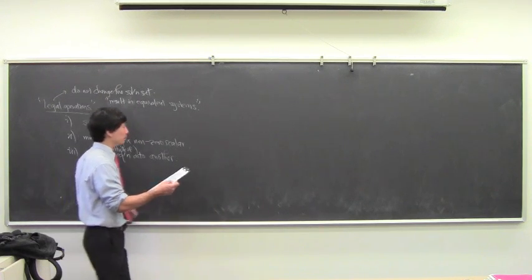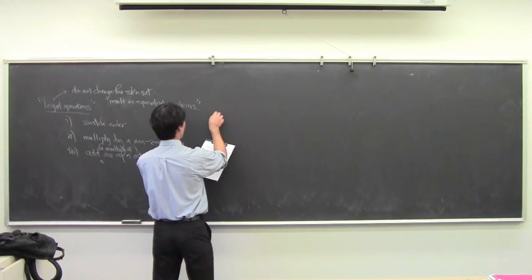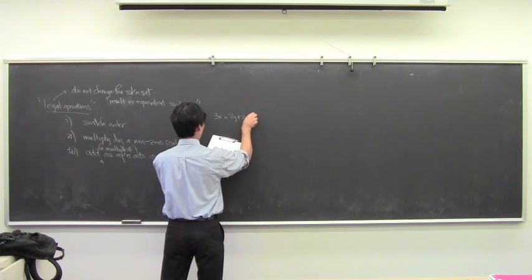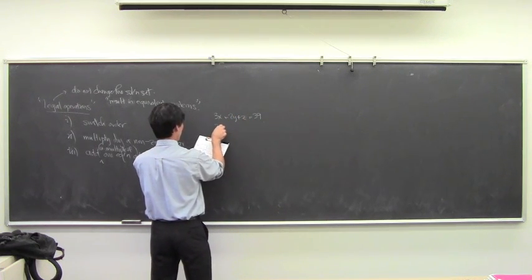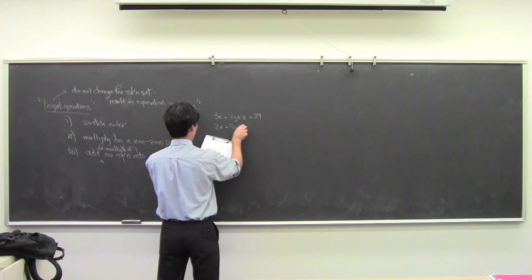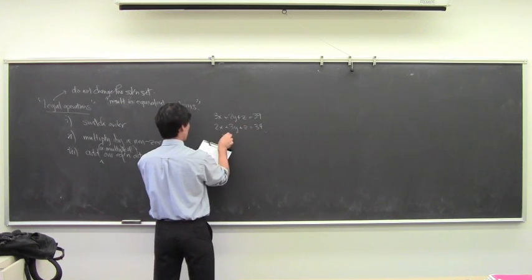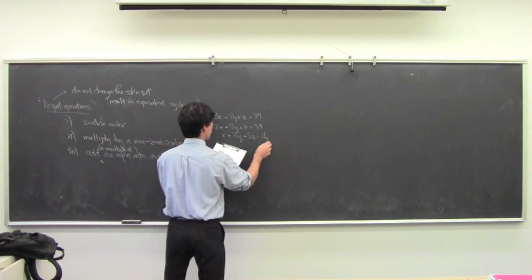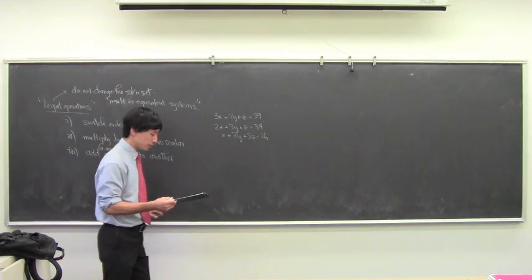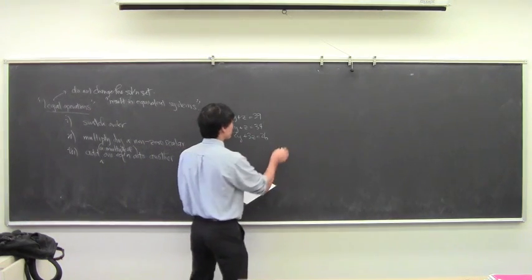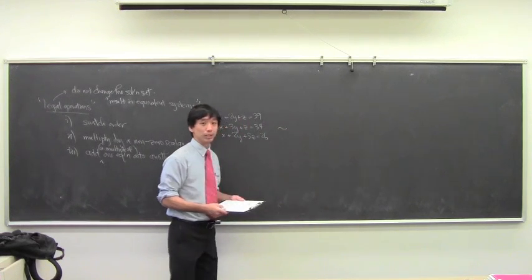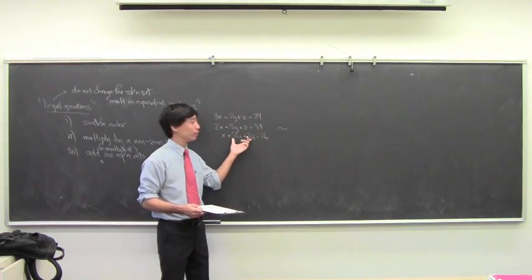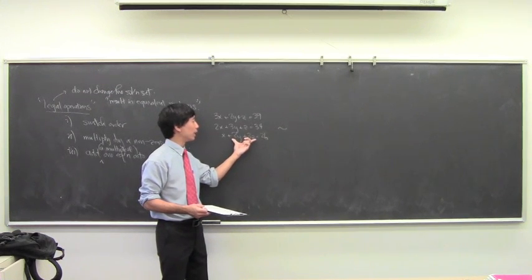Okay. So going back to the system that we had last time, 3x plus 2y plus z equals 39. 2x plus 3y plus z equals 34. x plus 2y plus 3z equals 26. You could take the system and, just for the heck of it, and you'll see why I'm doing this later, I'm going to move this guy to the top.